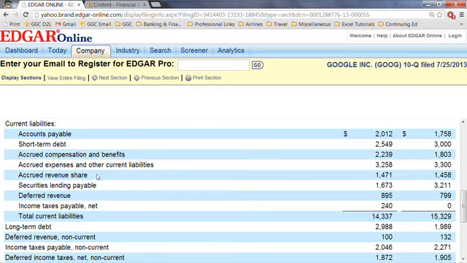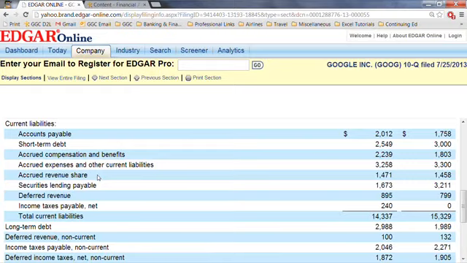Accrued revenue share has to do with Google's ad sharing revenue scheme. Advertisers will advertise on Google, and Google will remit some ad share revenue to those advertisers.